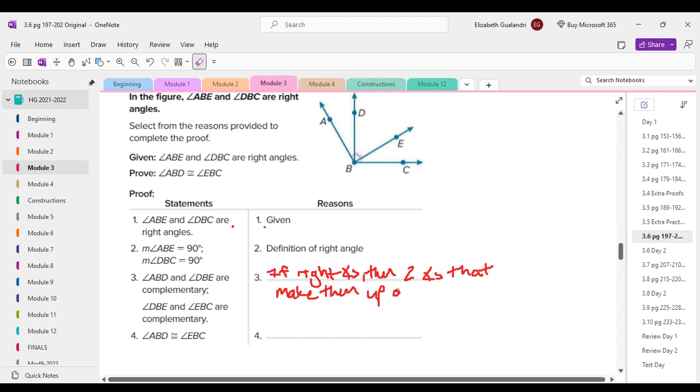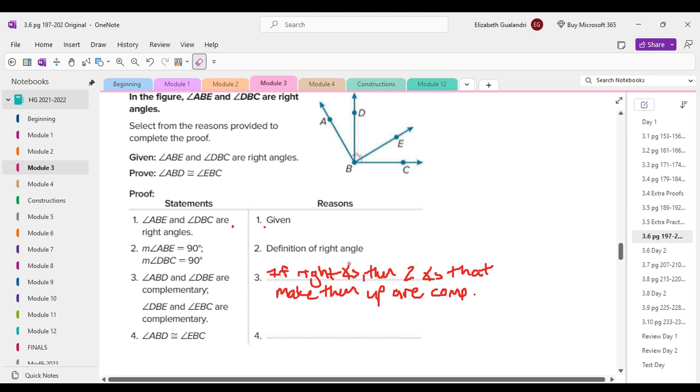So I paused on that one for a second because I always write it different ways, and there's always better ways than others. That's probably not my best rewriting of that theorem, but that was our complements theorem that we saw earlier, so you can go back to that part of the video there. Again, I don't like the names of them because we have to remember what we're trying to say here, and what I was trying to say is if I had right angles, then those two angles that make them up are complementary.